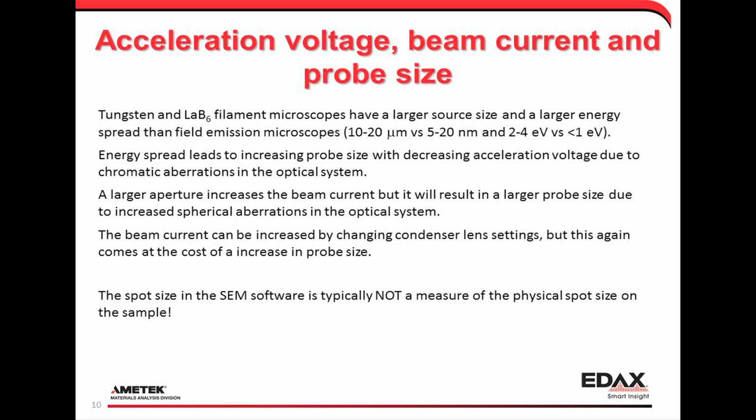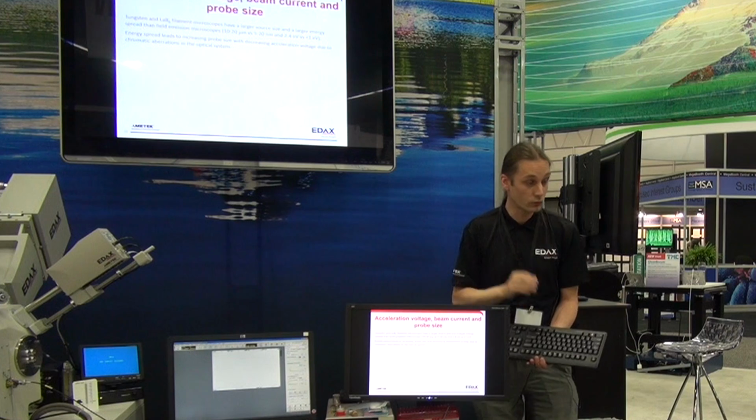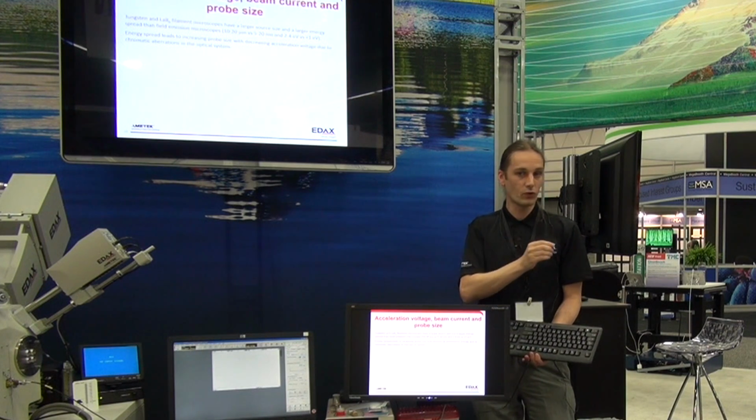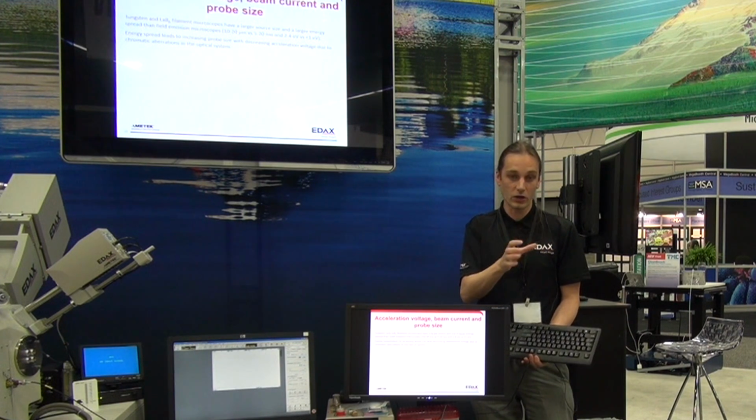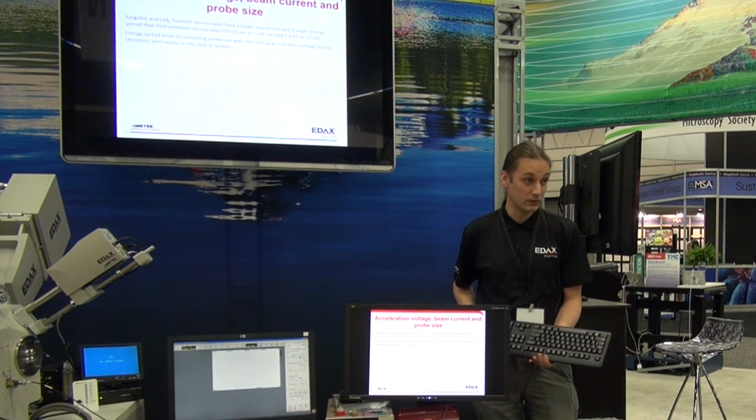The energy spread results in more chromatic aberration as we reduce our acceleration voltage, which means on a tungsten emission microscope, you typically can't have a small acceleration voltage and a small probe at the same time. Your probe goes increasingly larger as you decrease your acceleration voltage. You don't have the same problem on a field emission.